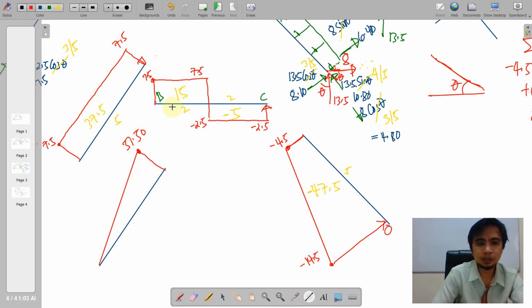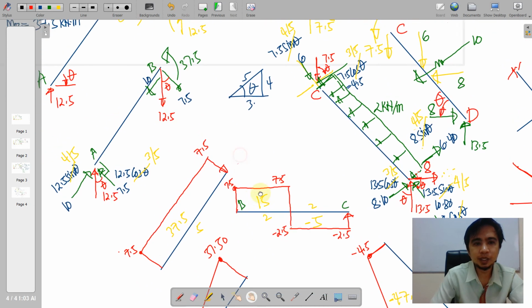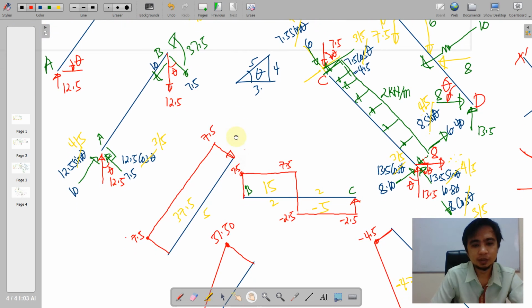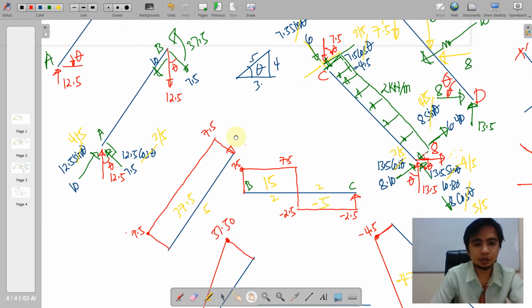And then proceeding to BC, we note that at joint B, we have computed a moment that is positive in orientation.